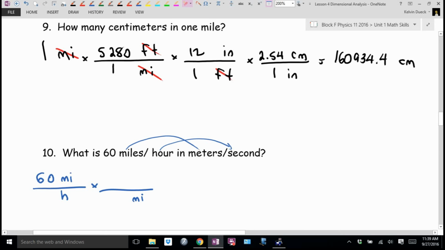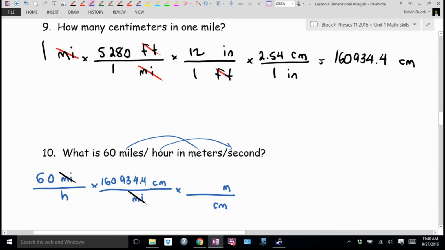So let's use that. I can go centimeters, 160,934.4, and I'm already from miles to centimeters. Now I want centimeters to cancel. I can go from centimeters to meters. How do I do this one?